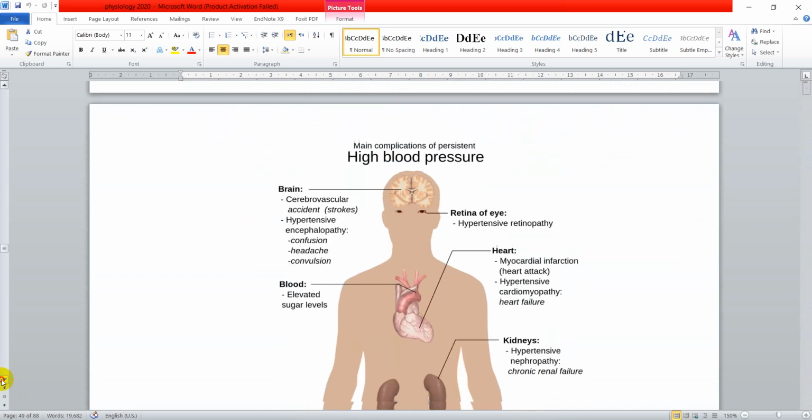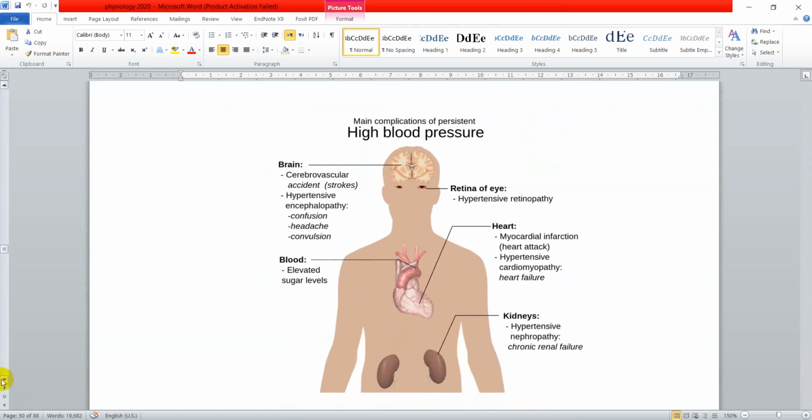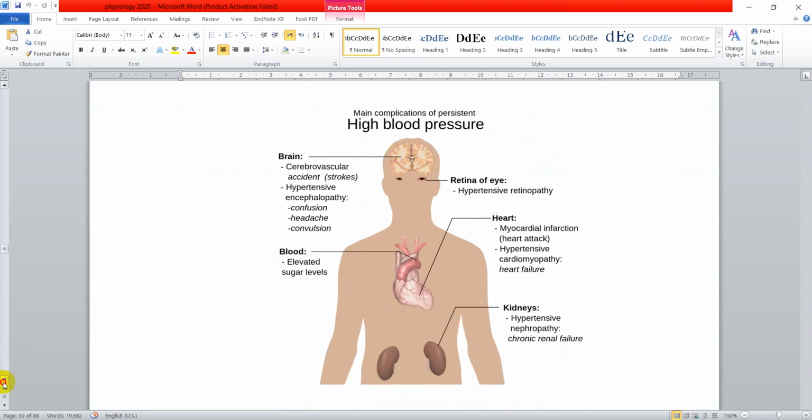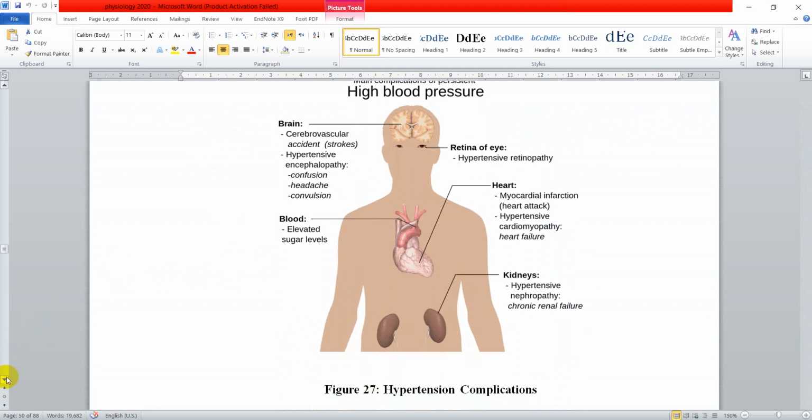This picture explains the symptoms of high blood pressure. اطلع عليها شباب لأن هي تفيدكم. هذه symptoms نلاحظها.